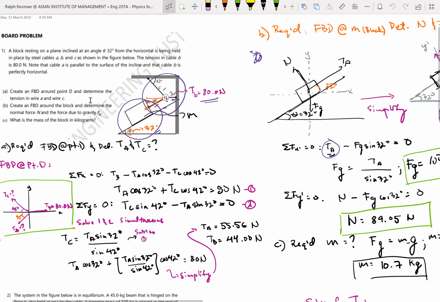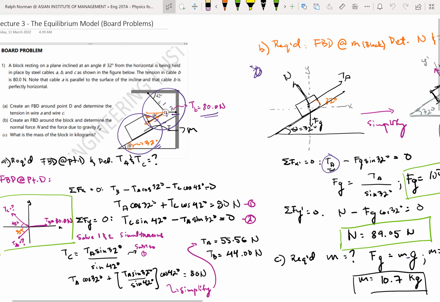Okay, so this is yung board problem provided for equilibrium model naman. So we have yung another variation of problem ng static equilibrium, which is naka-inclined plane siya. Okay, let me just, baka magulo eh.